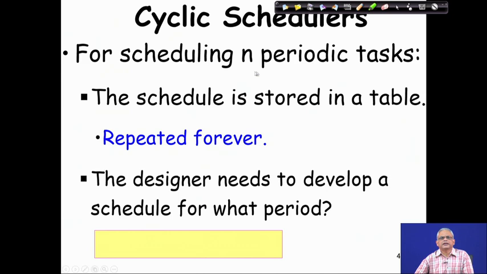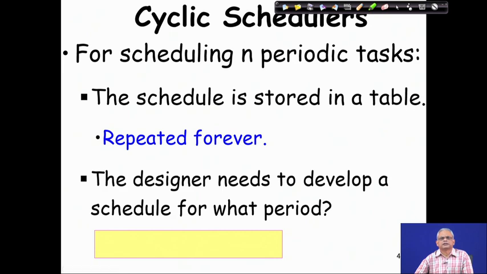So, here if we have n periodic tasks and each task requires running at a different period. In the simple cyclic executive there was only one period, but here there are multiple periods, which we call a multi-rate operating system.